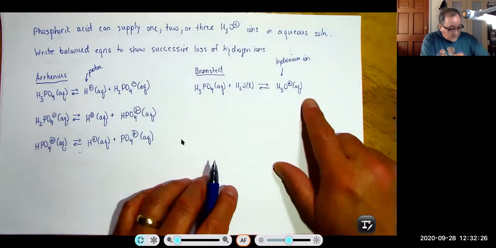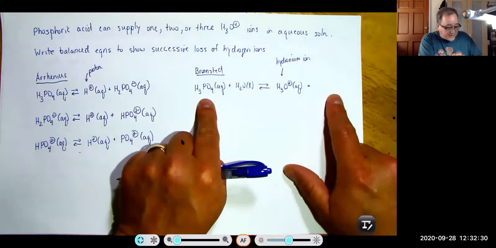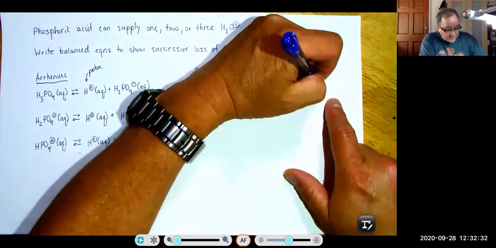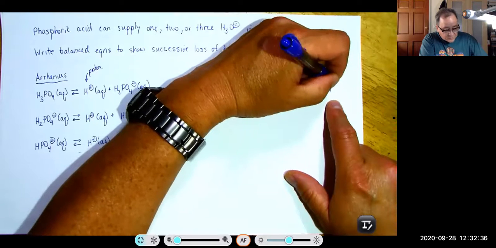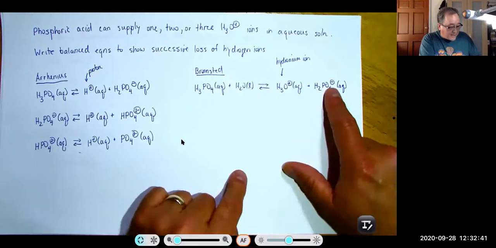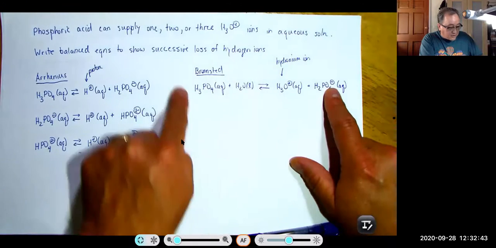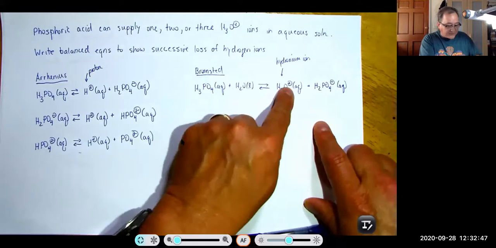Now, how do I figure out what this one is going to be? It's this minus an H plus. So H2PO4 minus 1. And I can still figure out the charge on this by knowing that this side, which is 0, has to equal this side to be 0. So plus 1 minus 1 is 0.